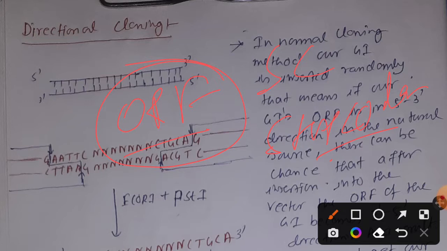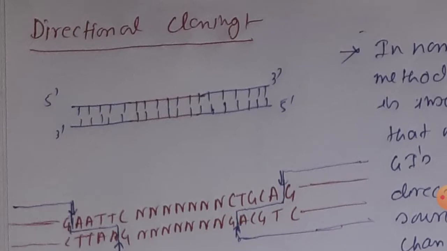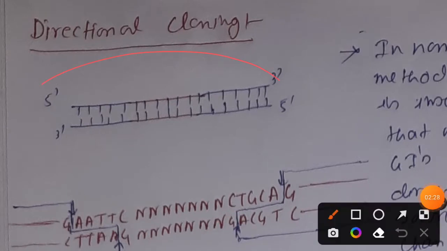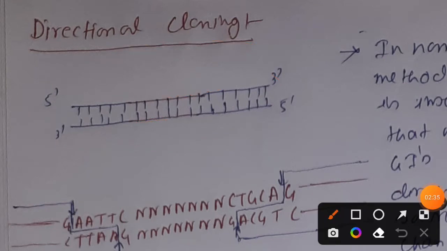Just think about this: this is the natural source, and this red marked portion is our gene of interest. For that gene of interest, the direction of the ORF is 5 prime to 3 prime. That means RNA polymerase will attach here and start transcribing in that way, which ultimately leads to the production of RNA, then translation, and then we have our protein.